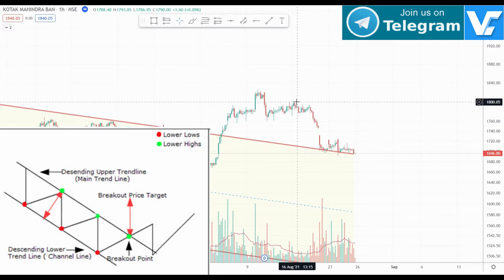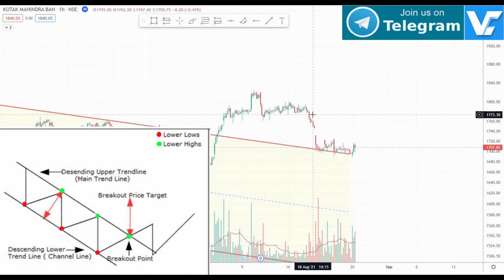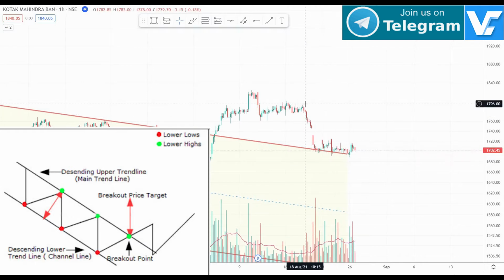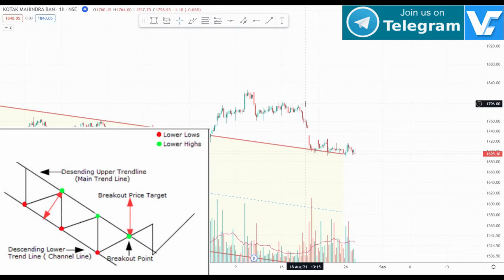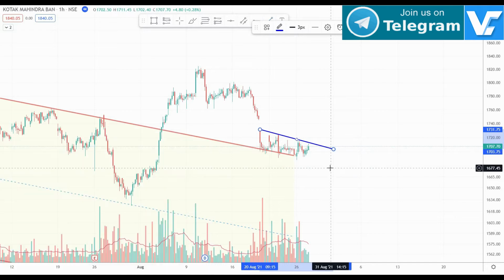We can see the market come to retest the parallel channel. Then we can draw another trend line like this.